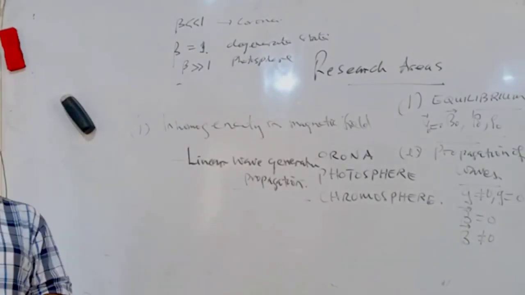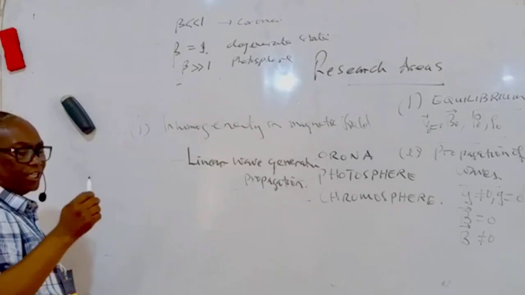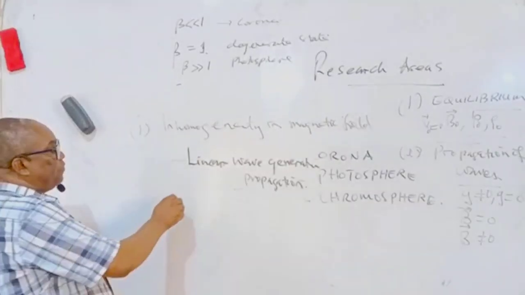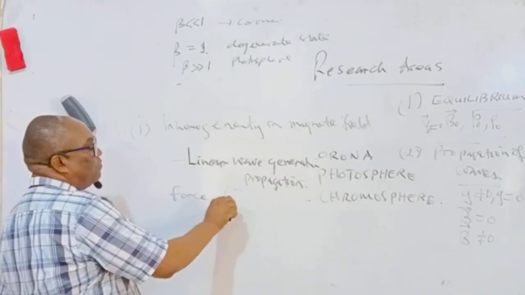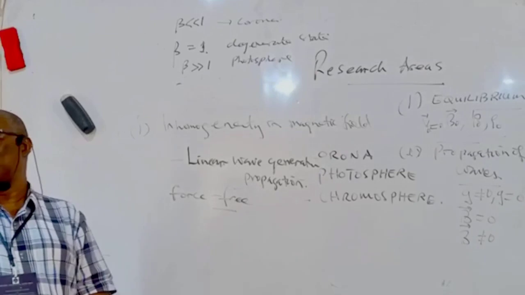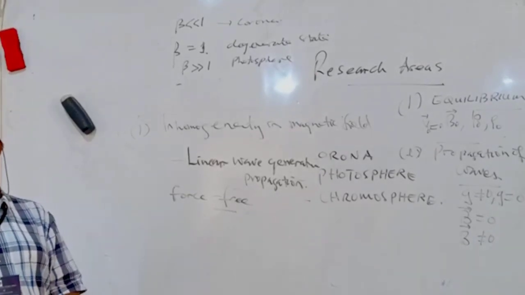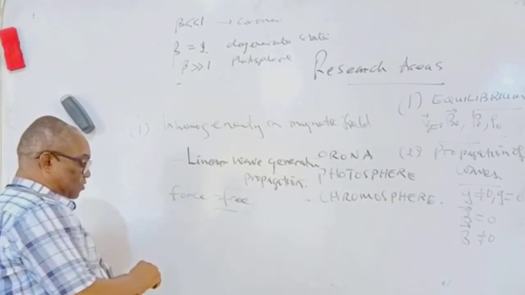See how this works, and then try to work within the region of force-free environment, as we did, and then see the effect of g, and then see the effect of what? Gravity. So here we can now see the effect of gravity.